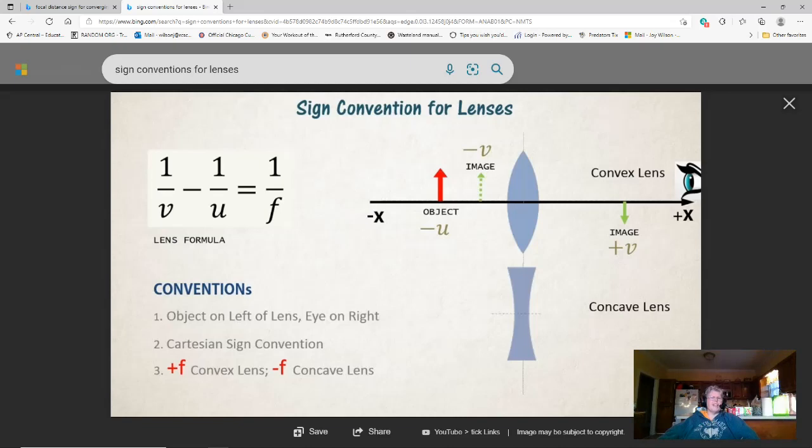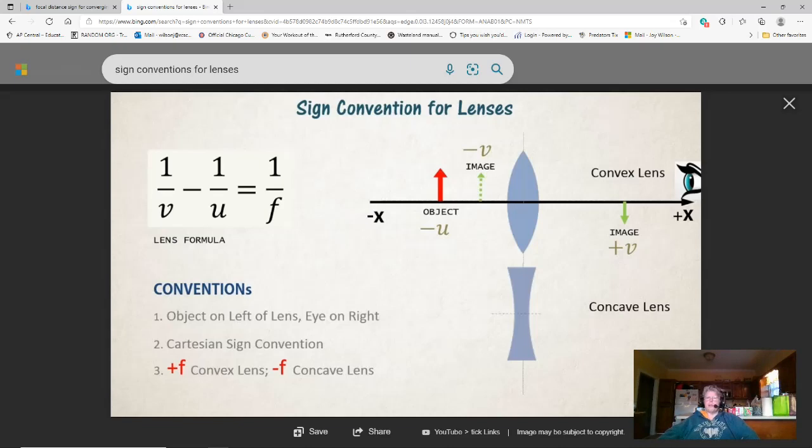In other words, the light didn't go to the other side like we expect. So for a convex lens, the object and the focal distance will have the same sign. The image will typically have the opposite sign. Okay? For concave, that's going to be different.